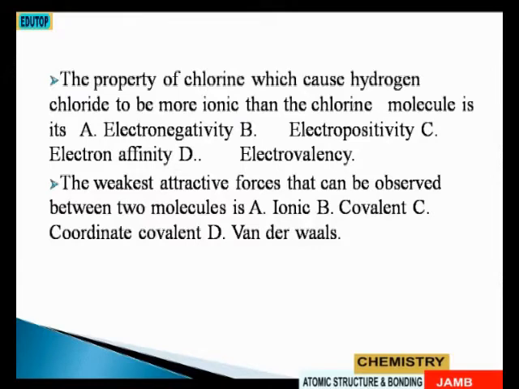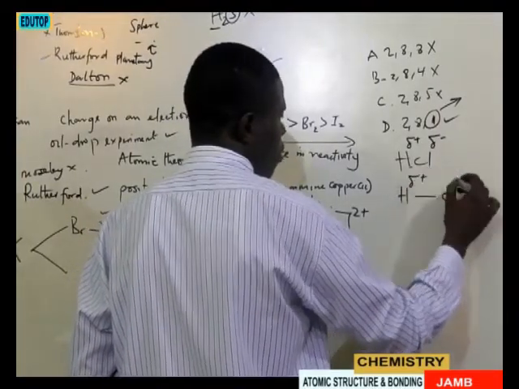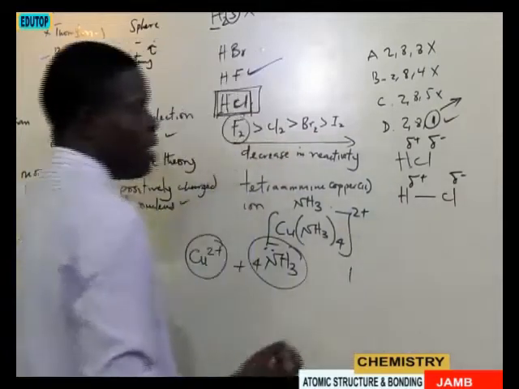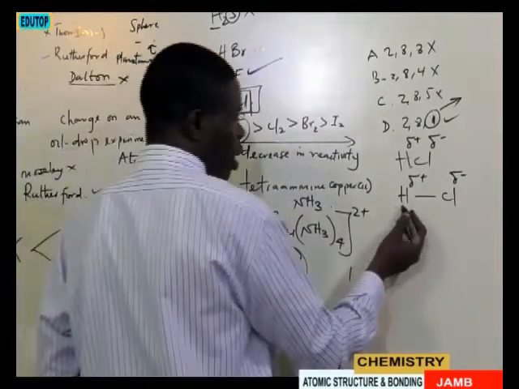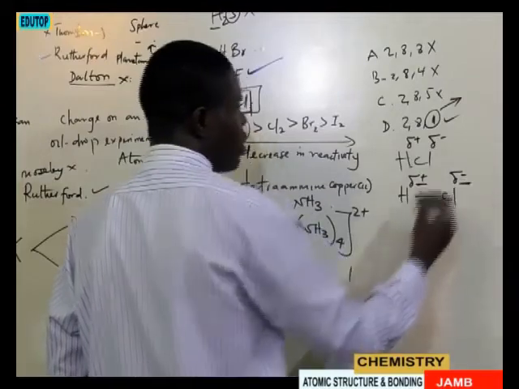its, that is electrovalency. That should be electrovalency because of what? The dipole. You know, when you have HCl, there's a dipole moment here. So the dipole here is definitely going to be what? That means you are talking about a positively charged species and a negatively charged species.